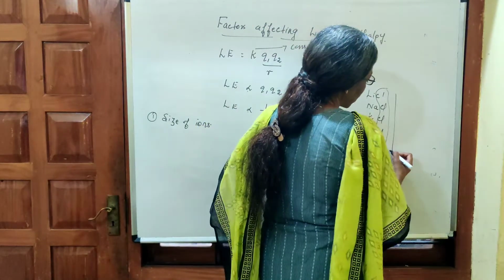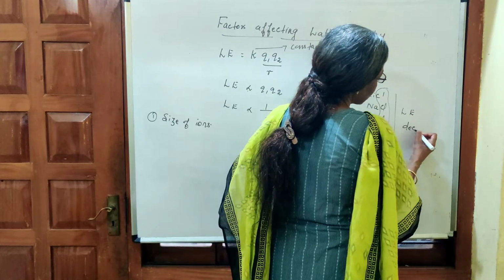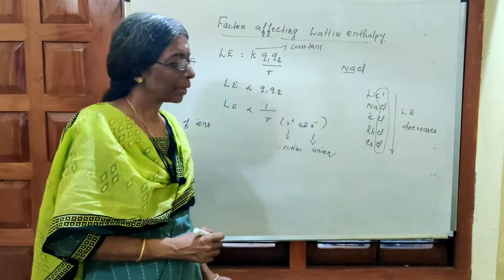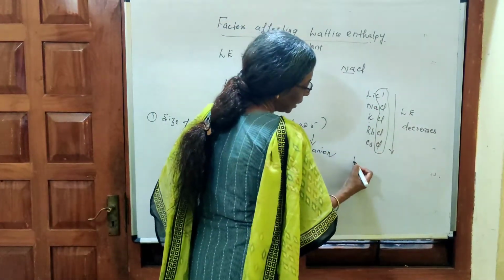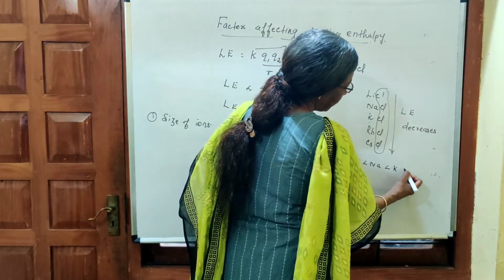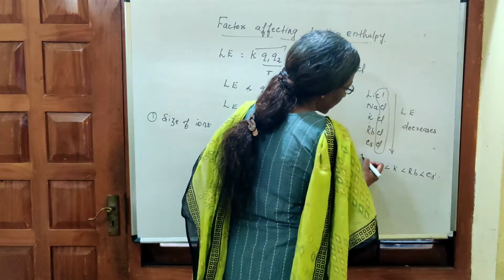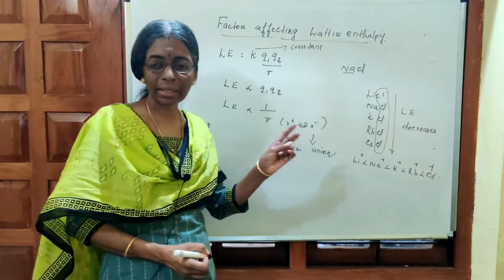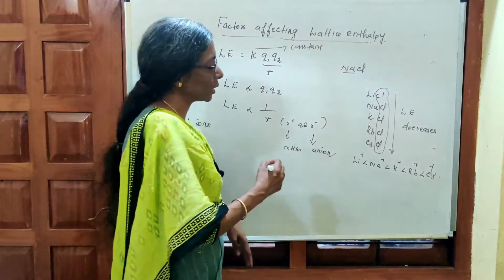When you move from top to bottom, lattice energy decreases. When the size increases, lithium and sodium are bigger than K, then rubidium, then cesium. These are all plus. The size of the cation increases, so the lattice energy decreases.